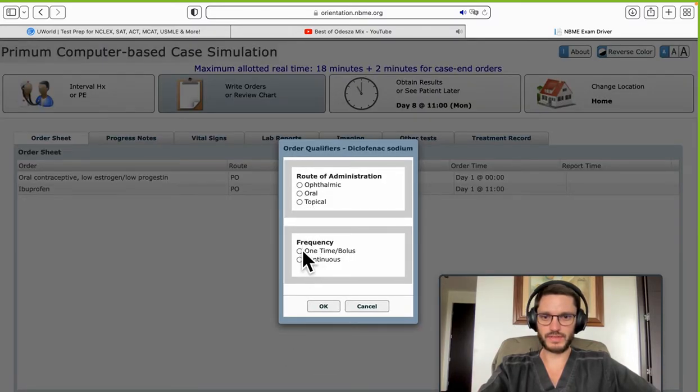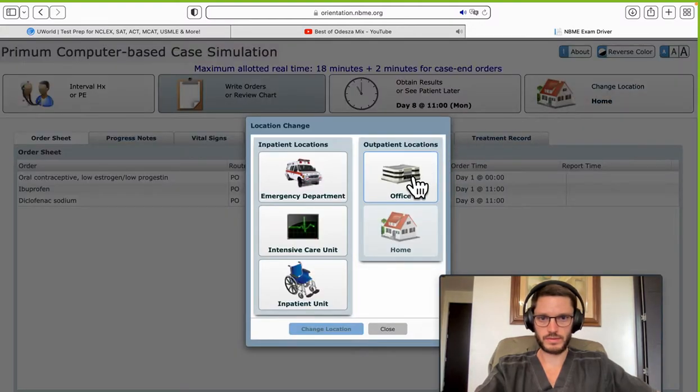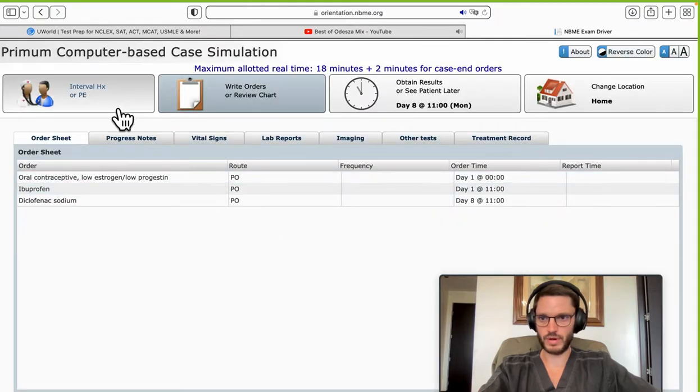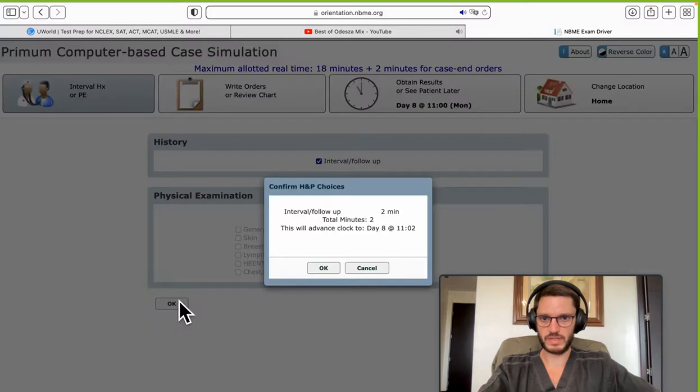I think this one is, well, continuous oral. Okay. And let's see her in a week. Home. Or let's see how her extremities are, interval. Let's see what happens.